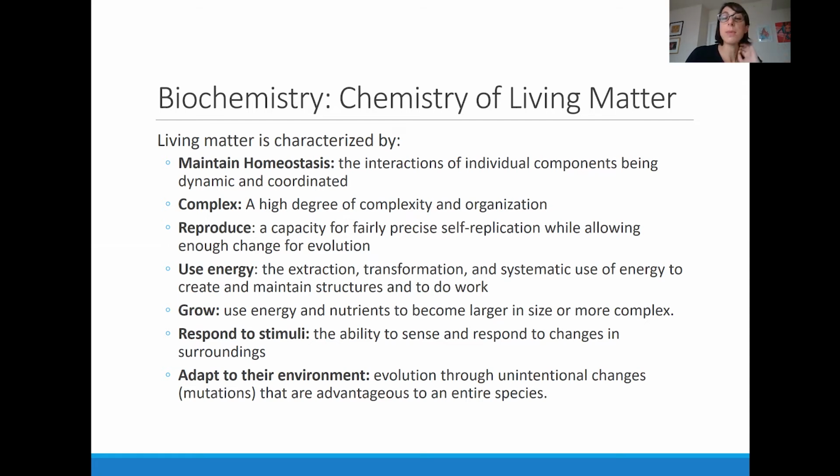Again, short-term, immediate response to stimuli. And then it also has to be able to adapt to the environment. This is like a longer-term adaptation. So this is evolution through unintentional changes, things like mutations, that can be advantageous to an entire species. This is like as the overall environment changes, you as an organism, as a living thing, can unintentionally evolve and change.